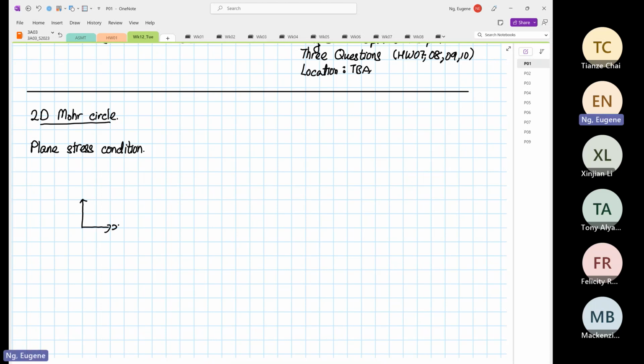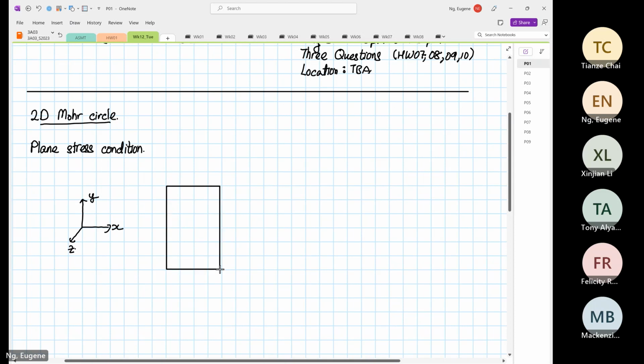So this is our X, Y, and this is our Z. Okay, so this is our element.